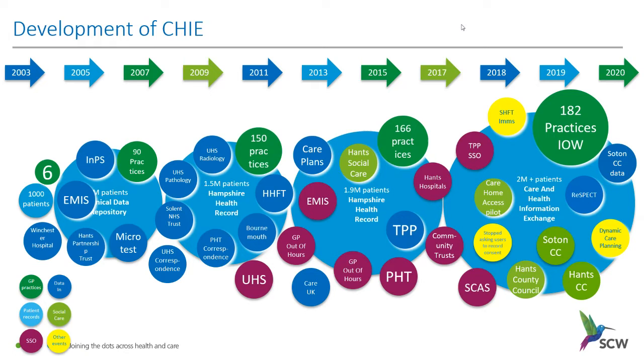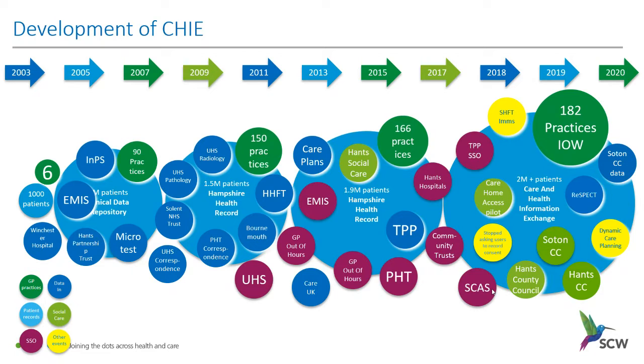And then a couple of years ago, we also moved away from just being Hampshire focused. We went over to the Isle of Wight, and in doing so we also changed our name, because if you go over to the Isle of Wight with something called Hampshire, they don't let you leave. So we changed our name to the Care and Health Information Exchange.